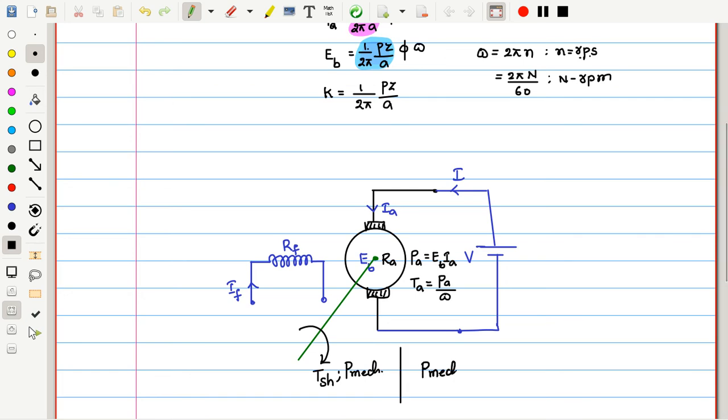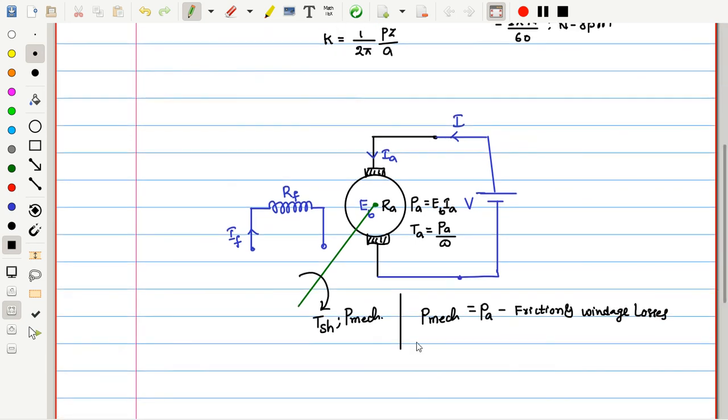P mechanical is equal to the available armature power minus friction and windage losses. If I subtract these losses from the armature power, I get the mechanical power, which we usually call P out.